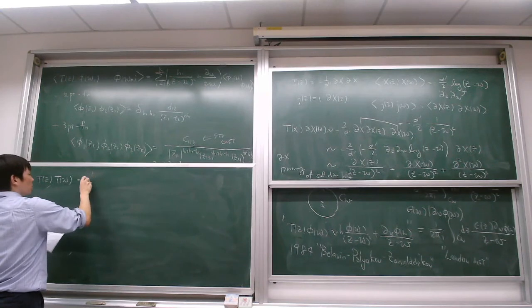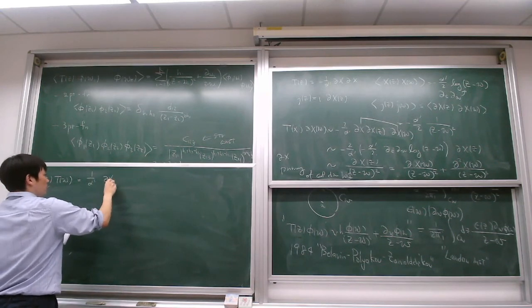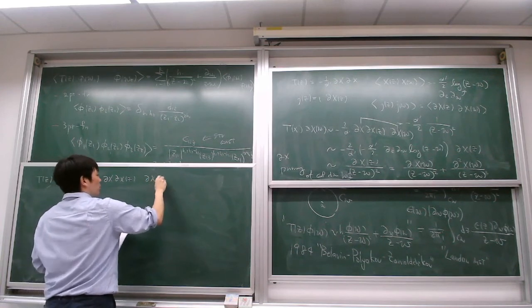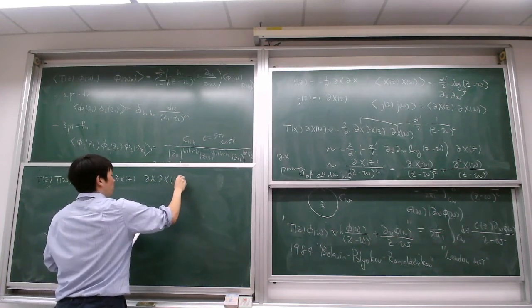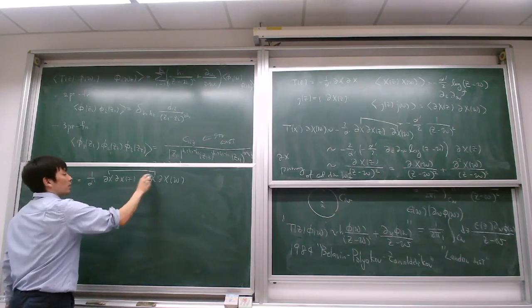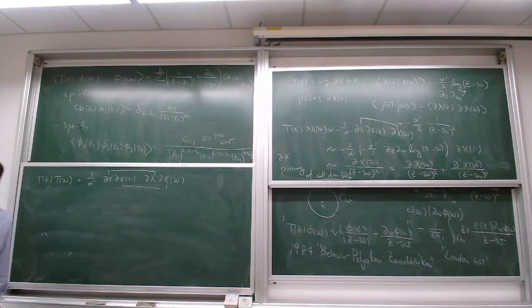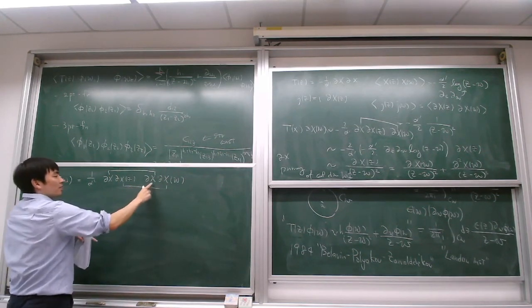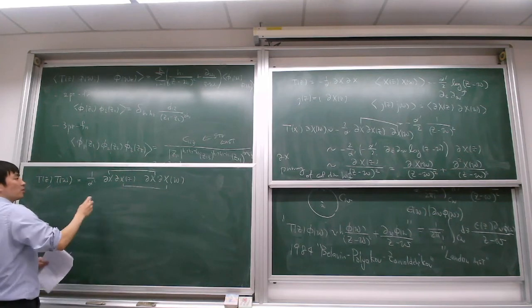So this is 1 over alpha prime squared, partial X partial X(z) times partial X partial X(w). There are lots of ways to contract. One can take it this way, and then another way, this one and this one. So it's the same, 2 times this one.